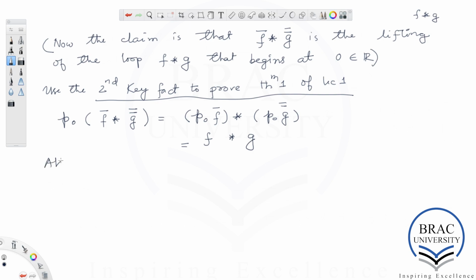Also, F bar star G double bar begins where F bar begins.